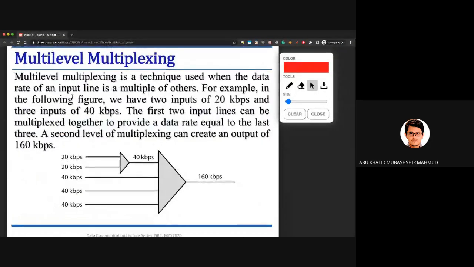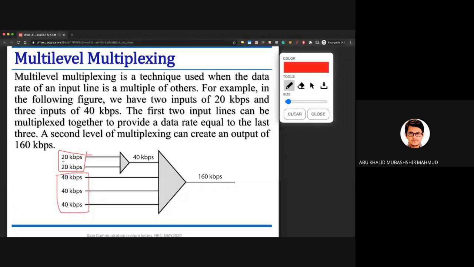This is multilevel multiplexing. When we have slower channels, the channels which have slow speeds are multiplexed with higher speed or faster channels.